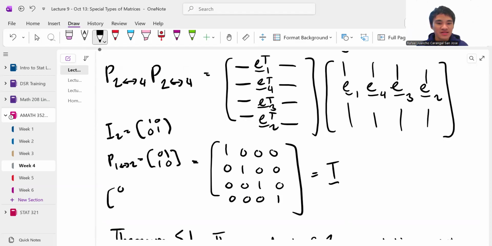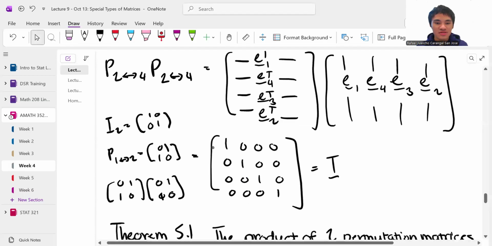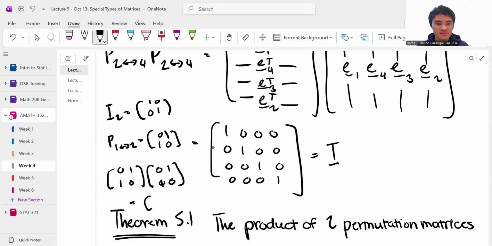So if I multiply these together, those two permutation matrices should give me the identity. Is that true? Can we do a dot product? 1 times 0, 0 times 1. Then we do it again. 0, 1, 1, 0. Oh, we do get it back.